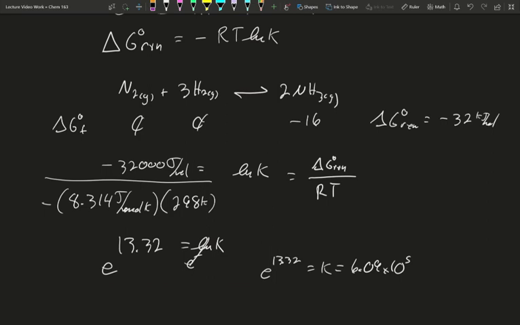Unfortunately, as a result, well, our temperature gets larger. If our temp gets larger, our ln of K gets smaller. As the ammonia reaction is heated up, we actually favor the starting materials more than the products.